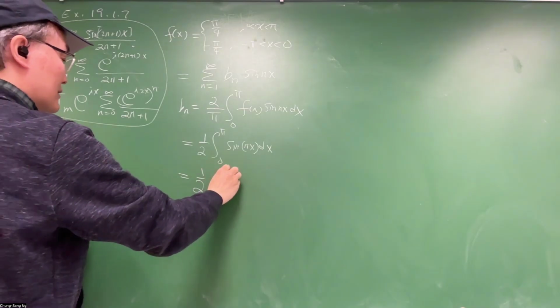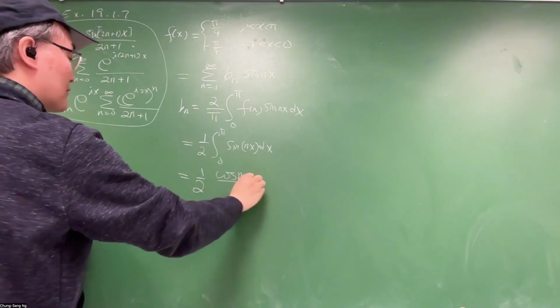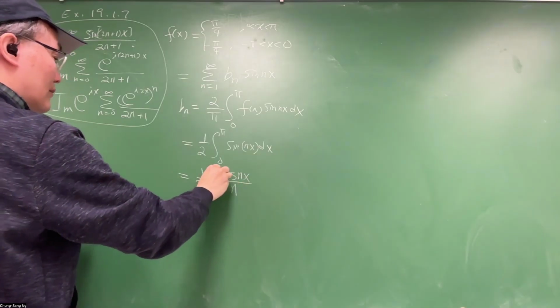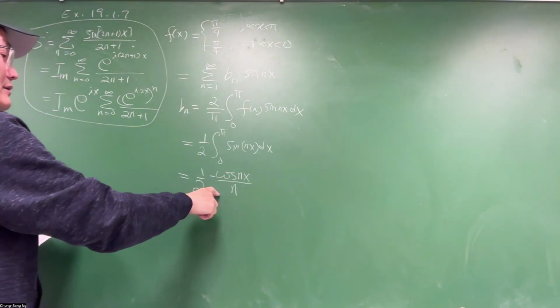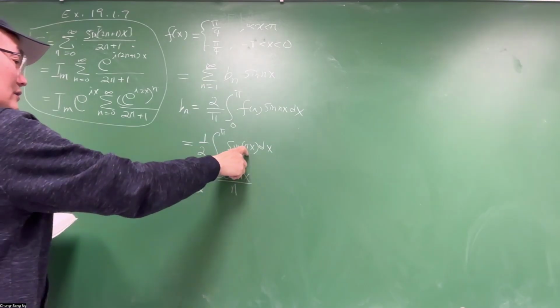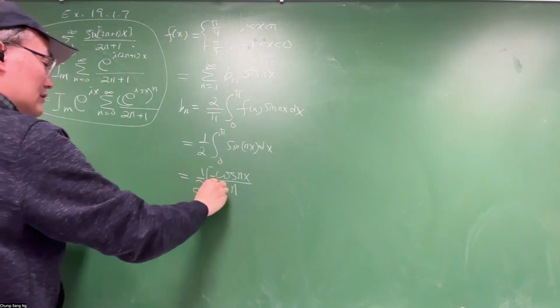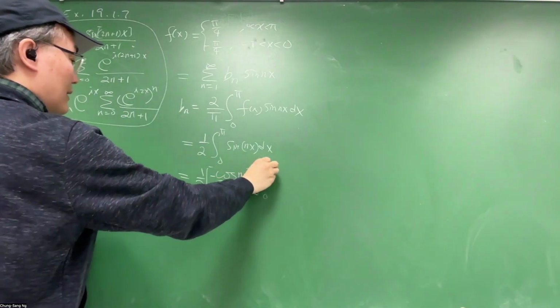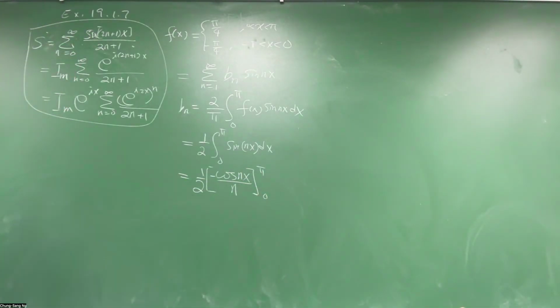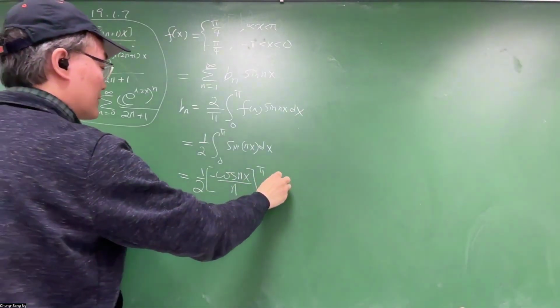And the sine, this is the n, minus, to the derivative, that's sine n, minus this.